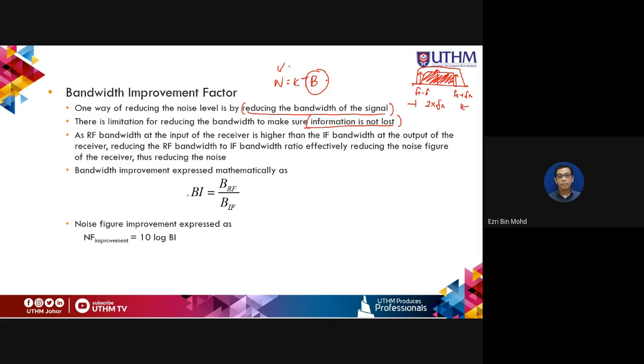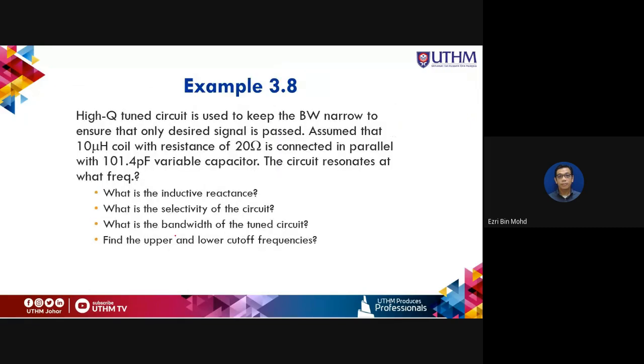So the bandwidth improvement factor can be defined as the radio frequency bandwidth over the intermediate frequency bandwidth. The noise figure improvement is expressed as 10 log BI, where BI is the bandwidth improvement factor. So NF equals 10 log BI.